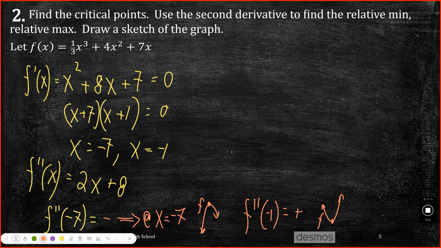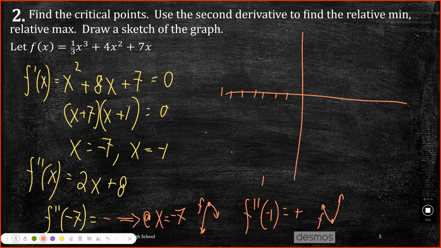Draw a sketch of a graph. Well, let's say this is f. So it has a relative max at x equal -7. -1, -2, -3, -4, -5, -6, -7. 1, 2, 3, 4, 5, 6, 7.